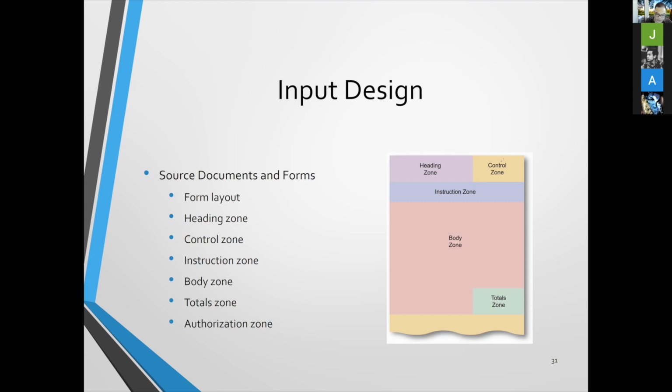Let me just show you something. This output is the similar design to this input screen. Just have a look on my screen. On the top left corner this is heading zone. You can see that it is a contact address of that company. On the top right corner this is control zone.